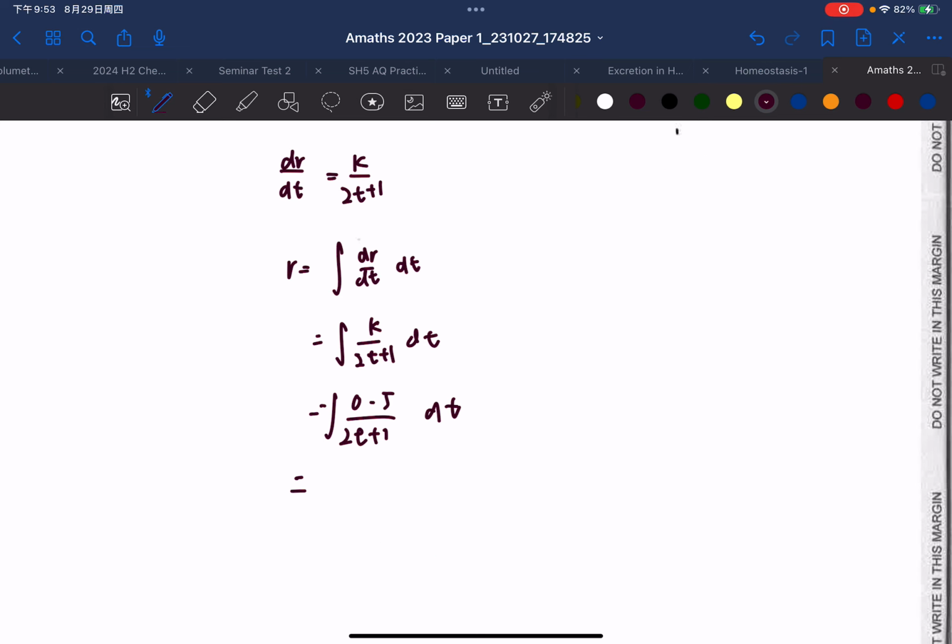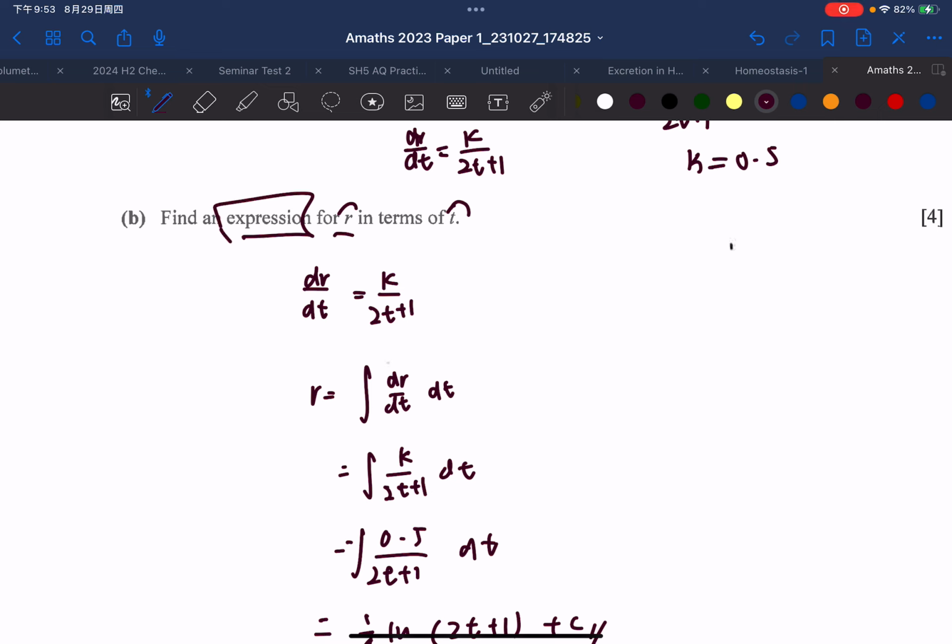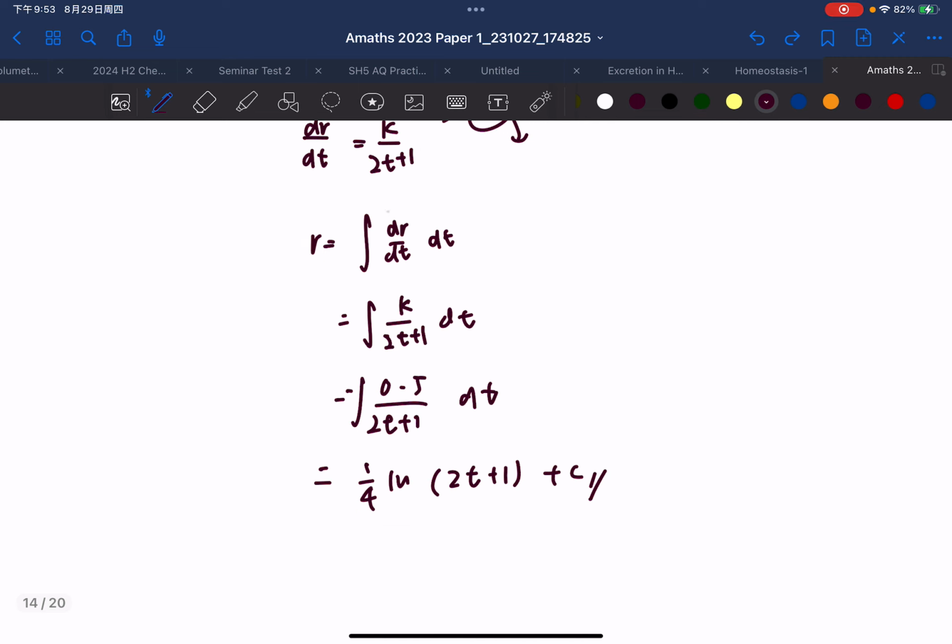And then you will be able to get this. But however, I say I want you to find an expression for r in terms of t. So, expression, it means I shouldn't have c, because c is an arbitrary constant. I shouldn't have c. So I want to try to find a value for c.